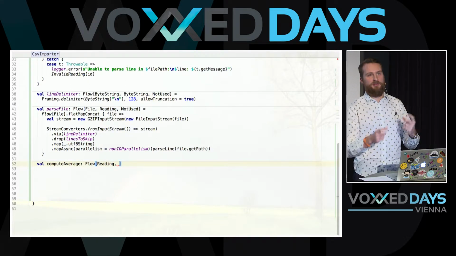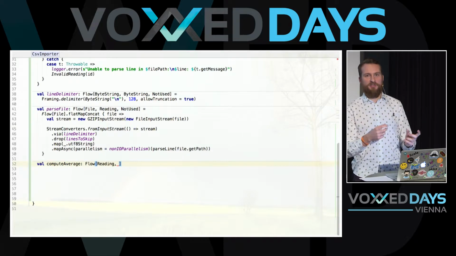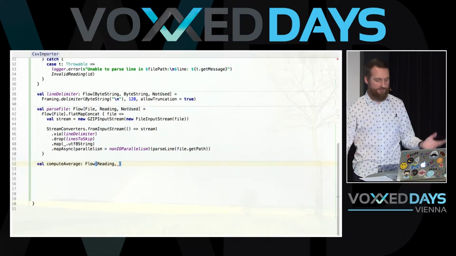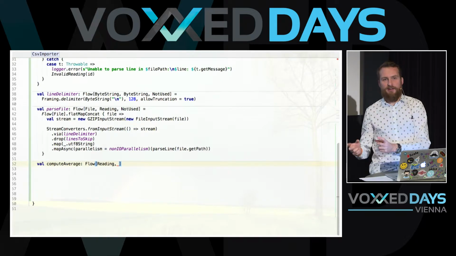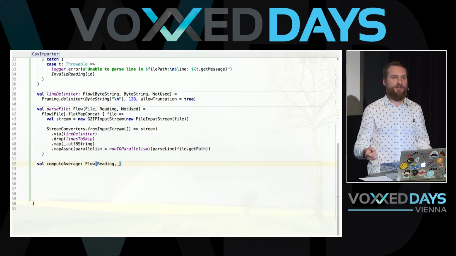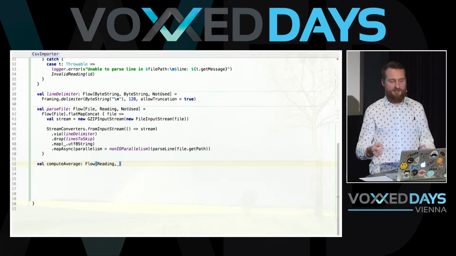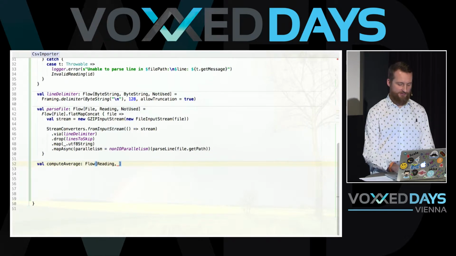So our average computation accepts any readings, be it valid or invalid. But what we want to output is a valid reading which has an ID and a value. Of course, in the case when both lines were invalid, we would emit just a dummy value. But we always want to emit something that has an ID and a value. So we will be emitting a valid reading and not using the materialized value.